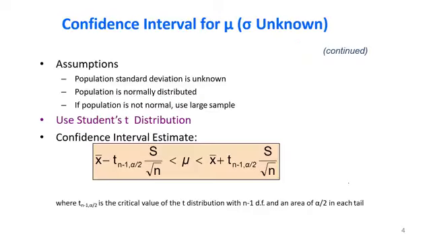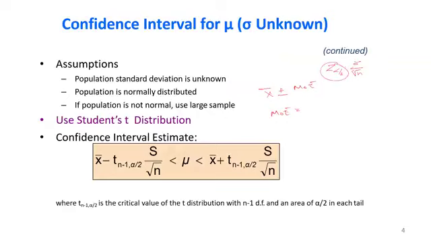Now coming to the formula. This is X bar plus minus margin of error. If you remember in the previous class, when we were considering the Z distribution, the margin of error was Z alpha by 2 into sigma by root n.